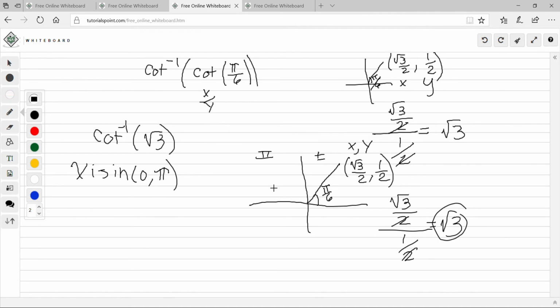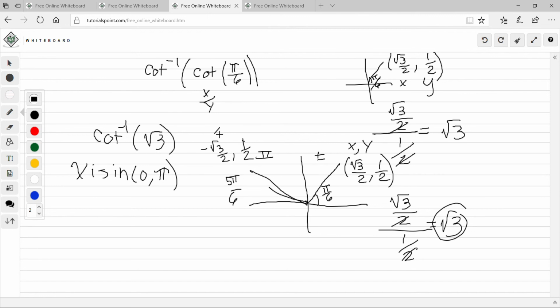We won't use 5 pi over 6 because we would get a negative. Let me show you. We can't use 5 pi over 6 because it has coordinates of negative root 3 over 2, comma, 1/2.